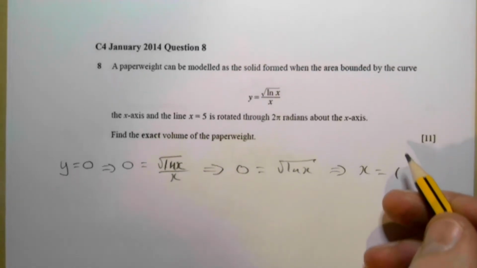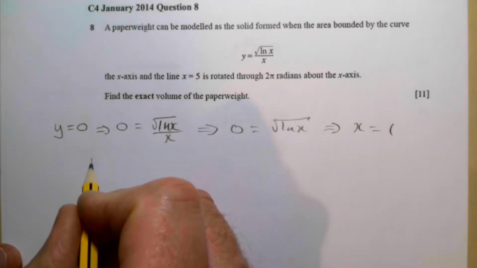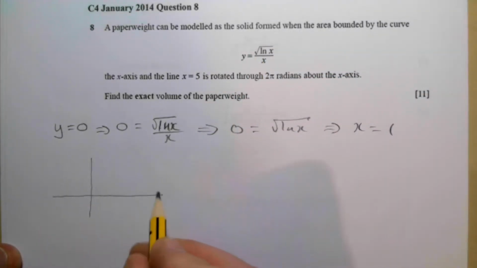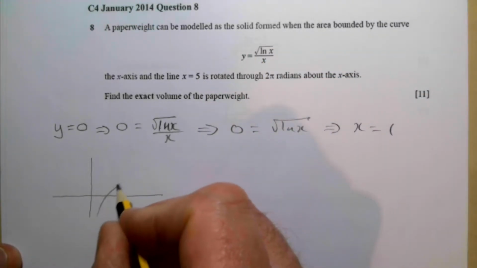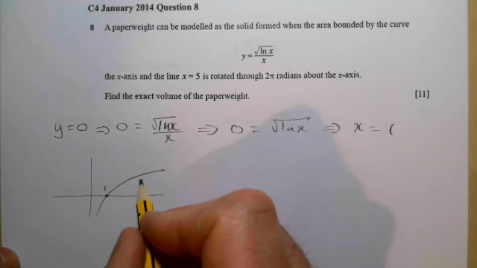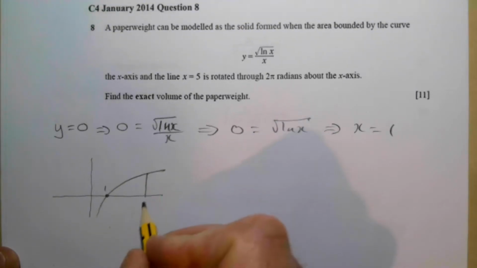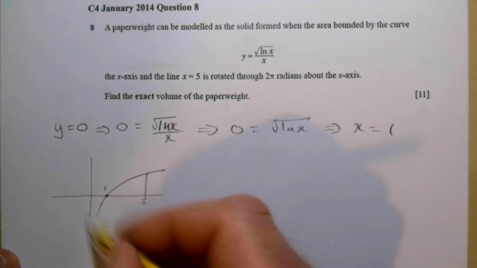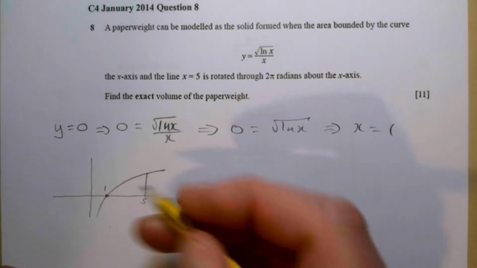That means it actually crosses the axis at that point. I'm not quite sure what this graph looks like, but I know the graph of ln x, and you should too, and that one crosses at 1. So it was just being careful there, and then we're going to go up to 5. It isn't quite the right graph, but you get the idea, and then we're going to rotate that one around. So at least that's us started.